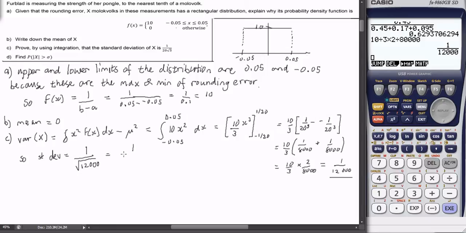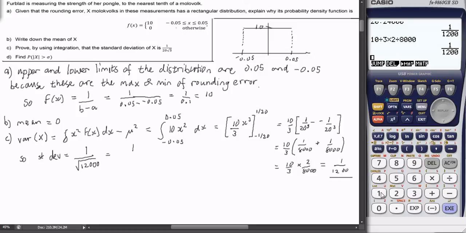So 12,000... okay, so it's actually not 12,000. I think I made a little mistake there. I'm just going to do that calculation again because I think it's 1 over 1,200.